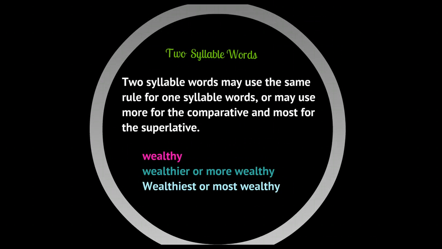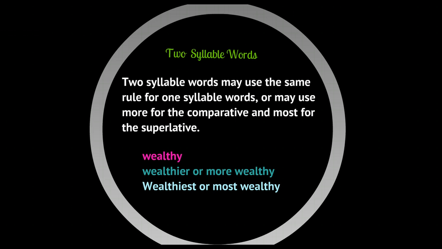Okay. What if I have a word that's two syllables? Notice large and tall were only one syllable. Well, for two-syllable words, you may use the same rule for the one-syllable words, or you may use more for the comparative and most for the superlative. So if my positive is wealthy, and I want to use that in a comparison of two people, one can either be wealthier than the other, or one can be more wealthy than the other.